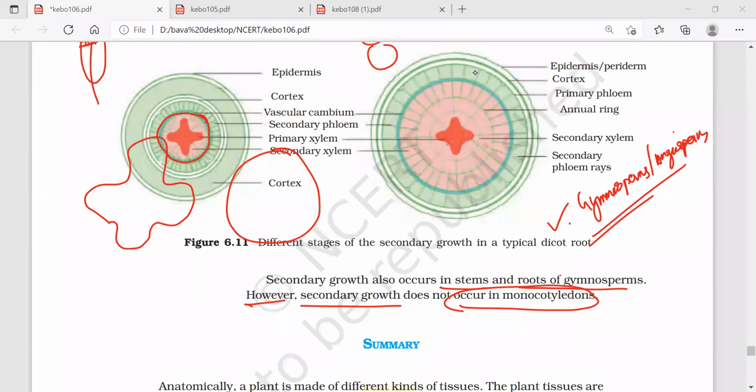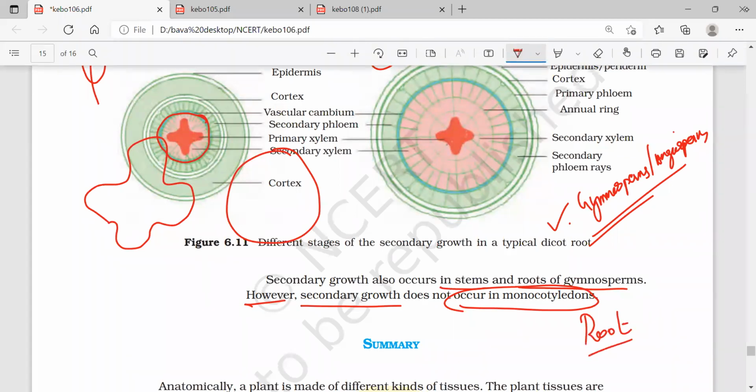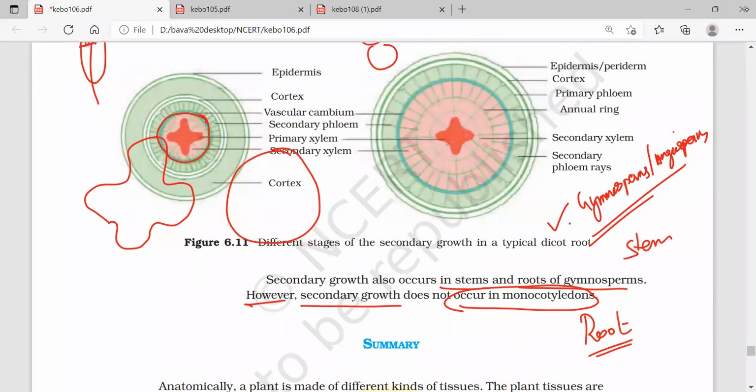Sir, annual rings also form in roots, sir. What did you ask, were you asking about root or stem? Roots, sir. No, root is not possible because hardwood and softwood can only be seen in the stem. Sir, in the diagram they give annual rings.